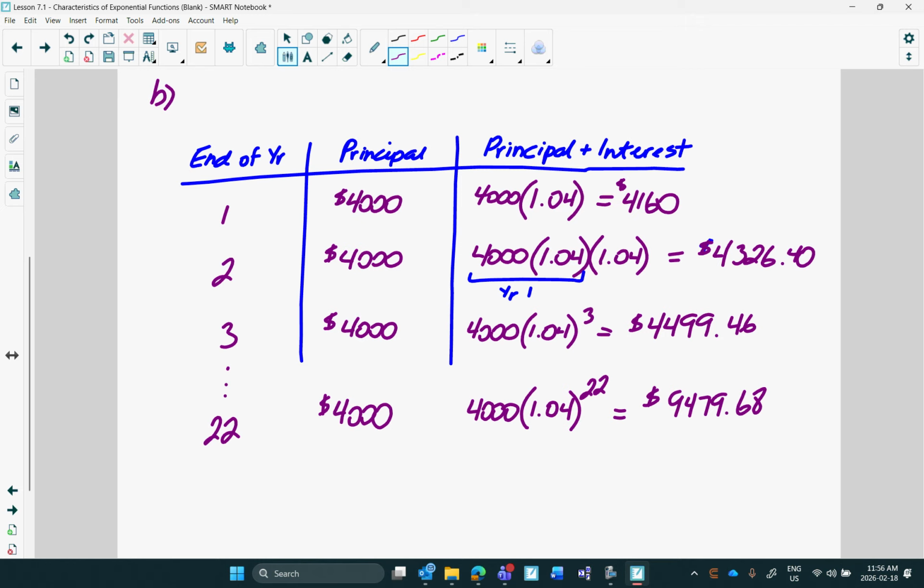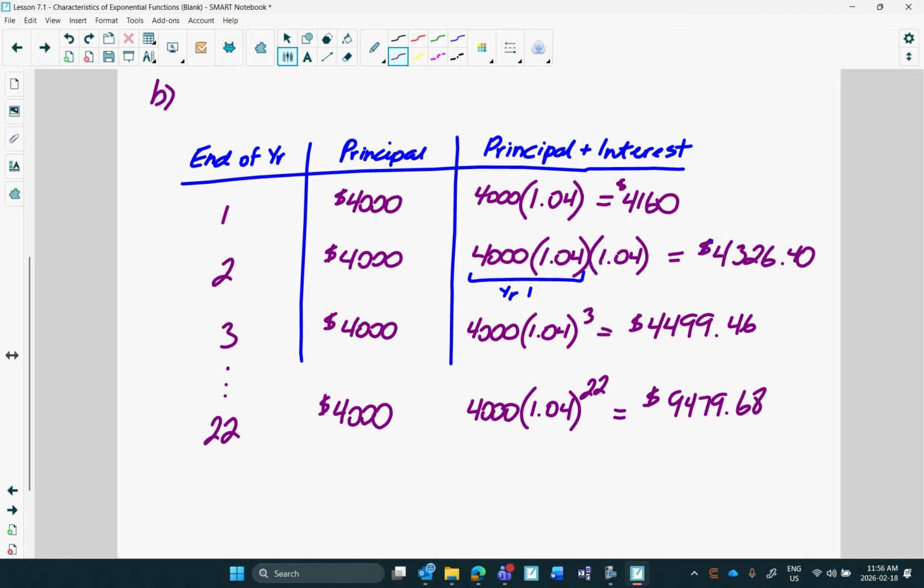So think about that when you invest. Think about that if you need to borrow money, because banks will do the same thing to you. They will charge you interest on the interest.